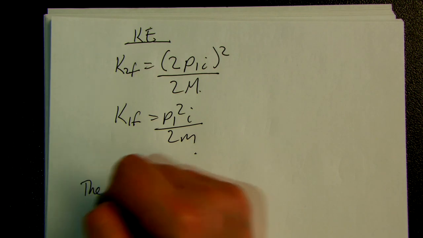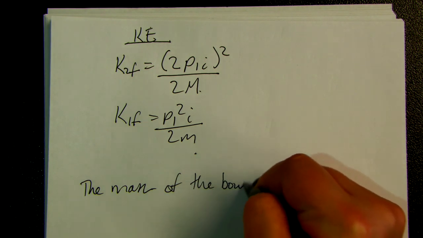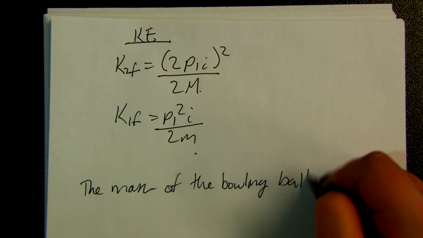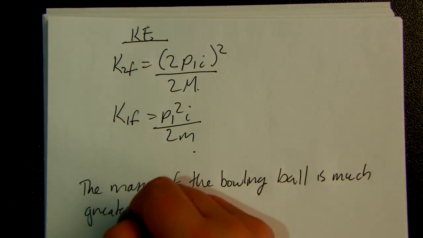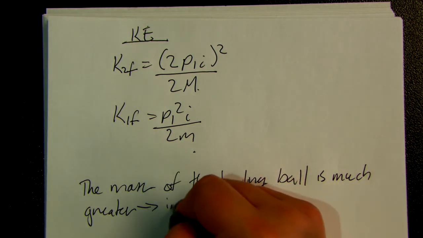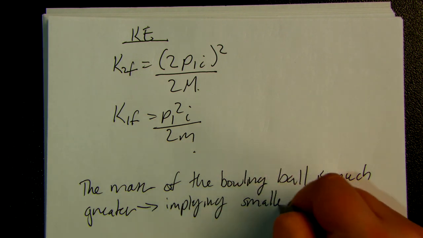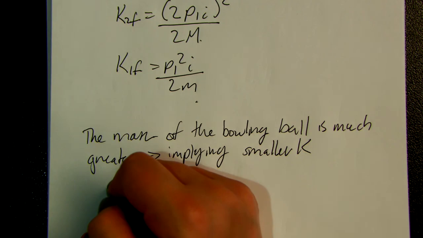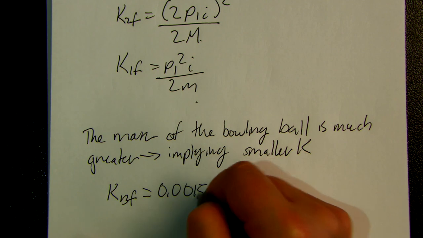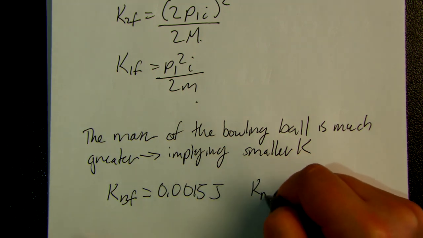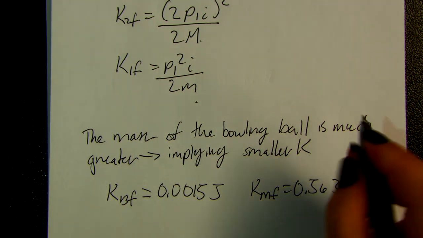So the mass of the bowling ball is much greater, implying a smaller K. So K bowling ball final is equal to 0.0015 joules, and K marble final is equal to 0.563 joules.